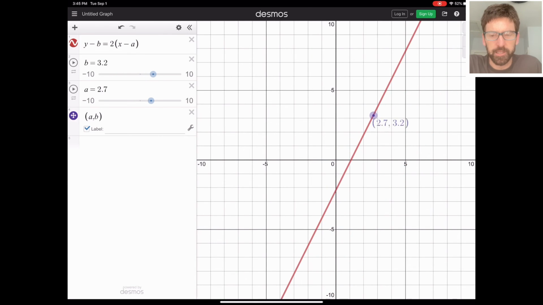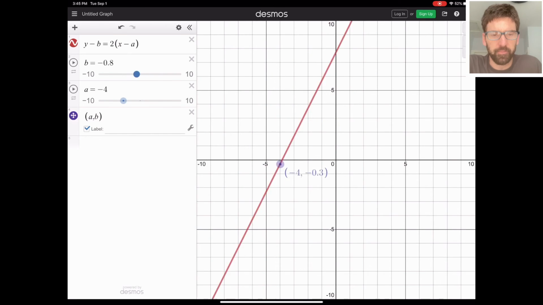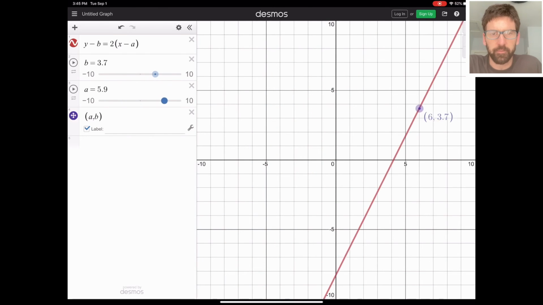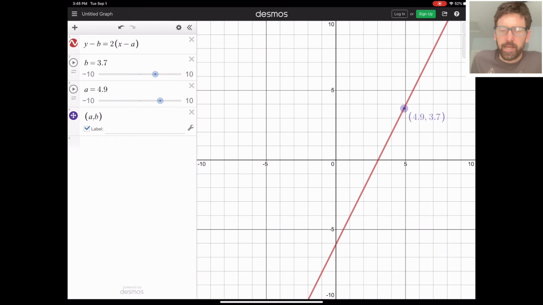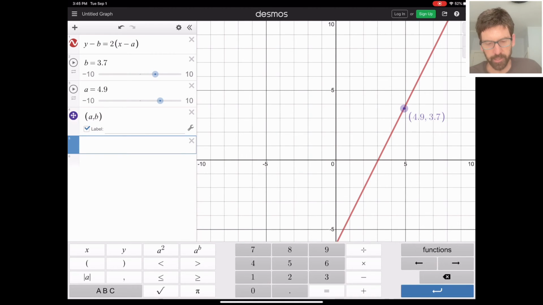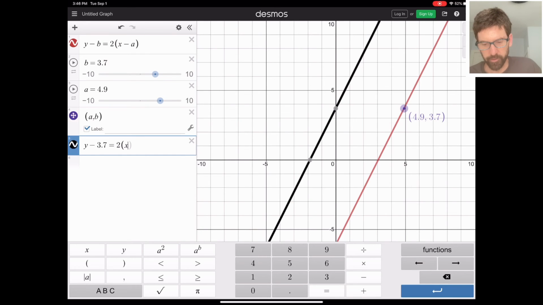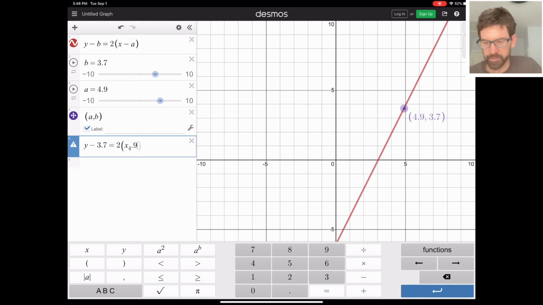But what we're doing is we're just changing the coordinates of the point that we're using in our point-slope form. Okay, so here we happen to be using (4.9, 3.7). That's the point that's going into the equation. We could even write this out right here. y minus 3.7 equals 2 times parentheses x minus 4.9.